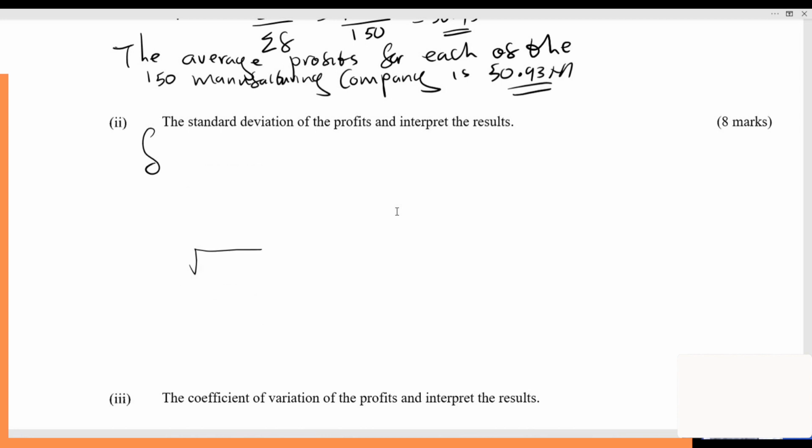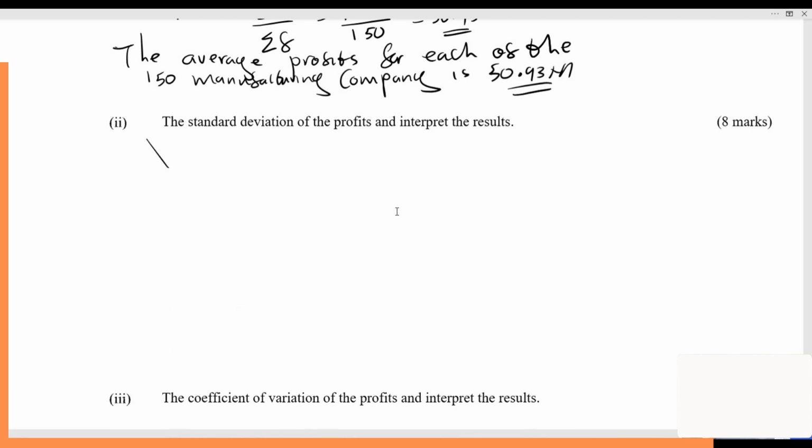So in our work here, we need to find the variance. How do you find the variance?